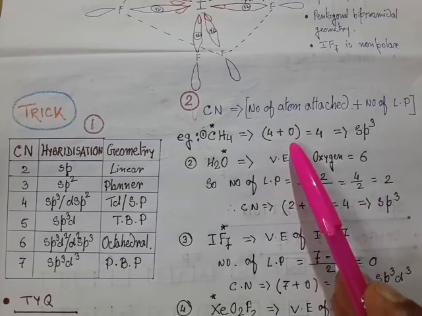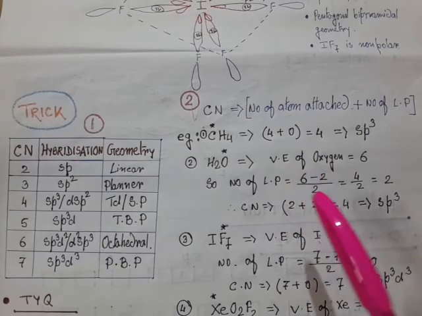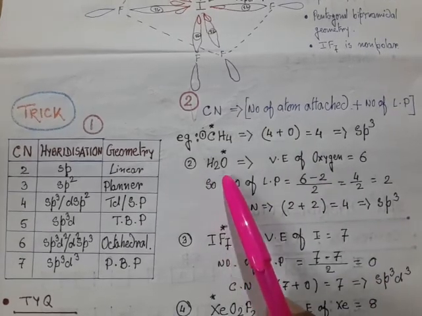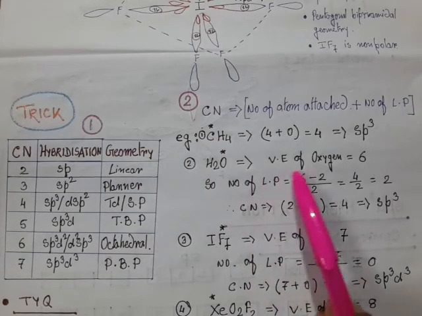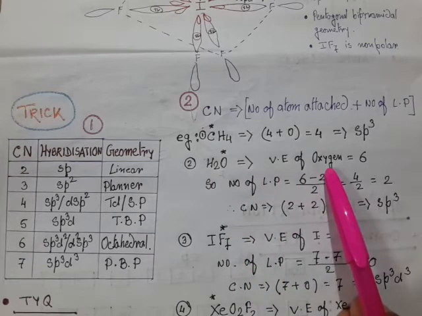Now the question is, how do you know that there is no lone pair? Definitely there is a way to identify the number of lone pairs. Let us see that way. H2O, we have to identify the hybridization of the oxygen atom. Oxygen is an element of group 16, so valence electron is 6.